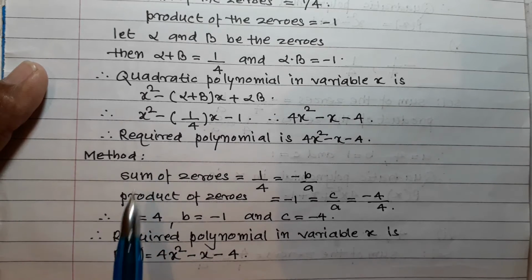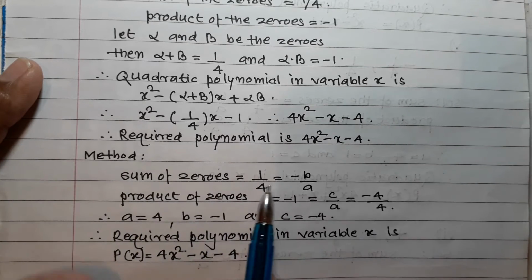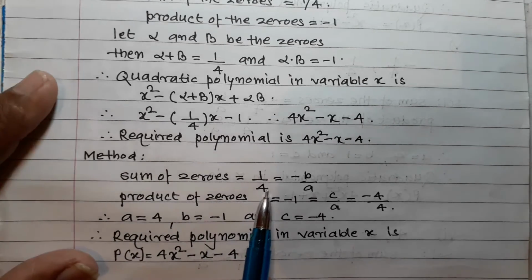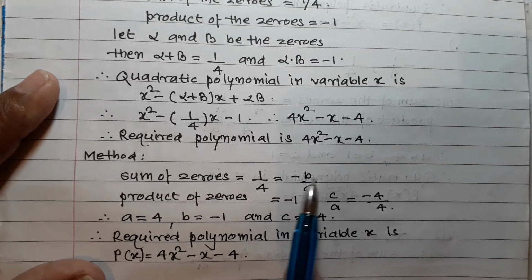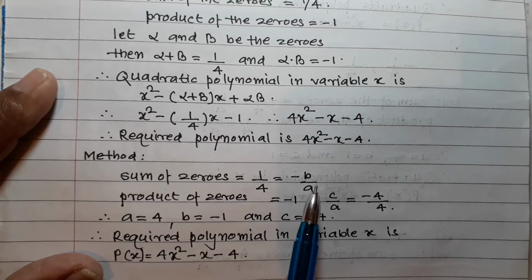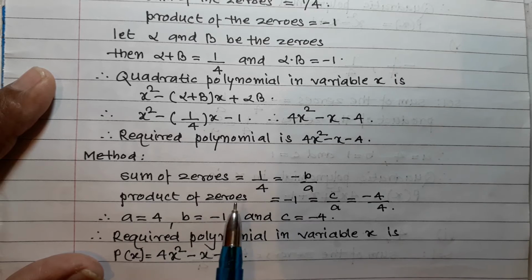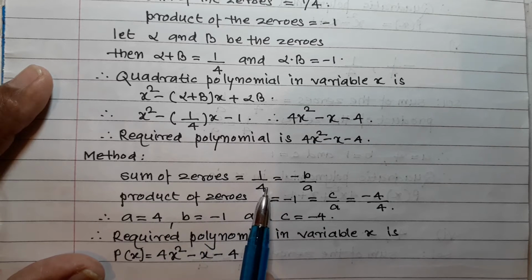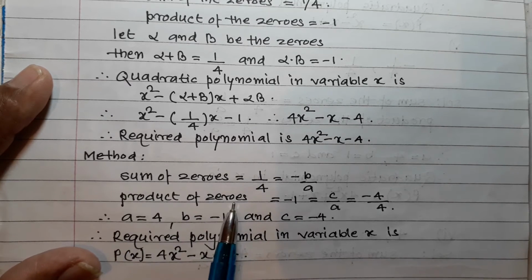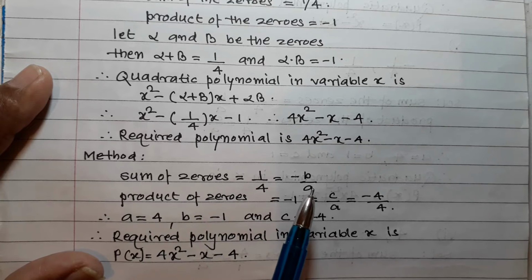So method number 2. Sum of the zeros is equal to 1 upon 4, that is equal to minus b upon a. In this case, you compare the sum and the product of zeros with the coefficients.